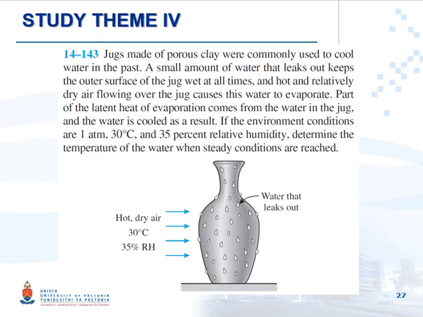Part of the latent heat of evaporation comes from the water in the jug, and the water is cooled as a result. If the environment conditions are 1 atmosphere, 30 centigrade and 35% relative humidity, determine the temperature of the water when steady conditions are reached. So basically what it is asking us is Ts, the temperature of water.